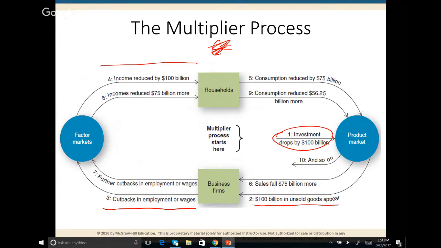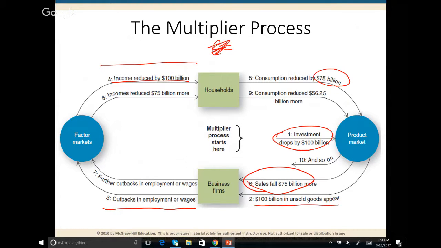So remember, consumption has two parts, the autonomous consumption and also your income dependent consumption. Let's suppose for the income dependent consumption, when the income goes down by $100 billion, our consumption decreases by $75 billion. So we still spend $25 billion on our necessities, so your bread, your water, your butter, but all the other stuff we don't buy anymore. So consumption goes down by $75 billion, which means your business receives less money.